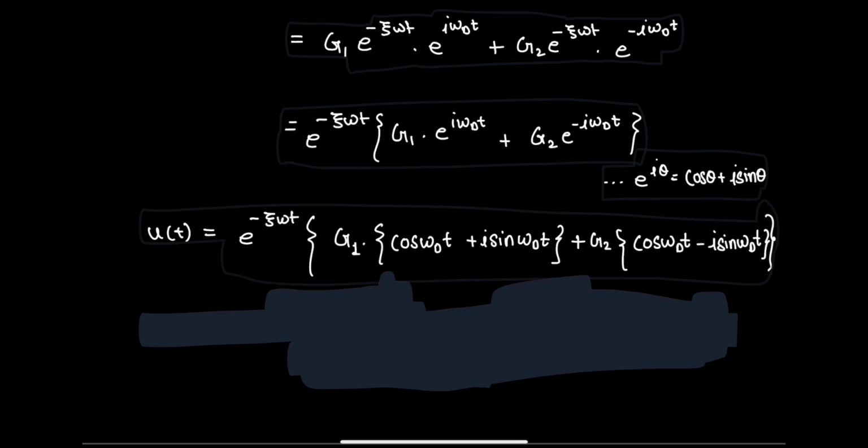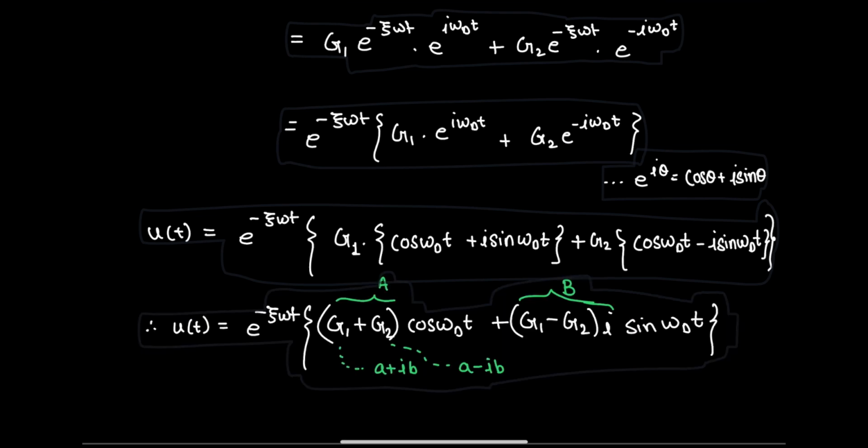So hence we substitute e raised to i omega d times t as cos omega d t plus i sin omega d t. We then isolate the terms of cos omega d t and sin omega d t.